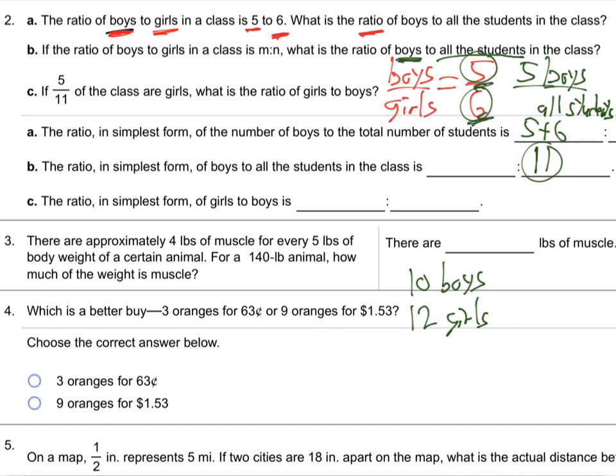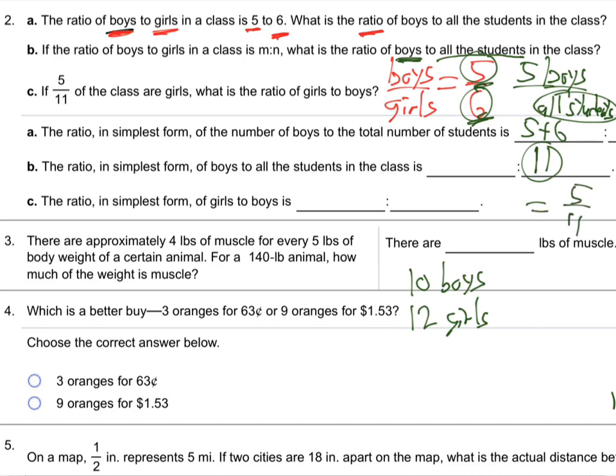Is that making sense there? Let's add them up. So what's the ratio of boys to all students? It would be 5 over 11. I don't even know where to write that. There's no room. So the answer to that part was 5 over 11.